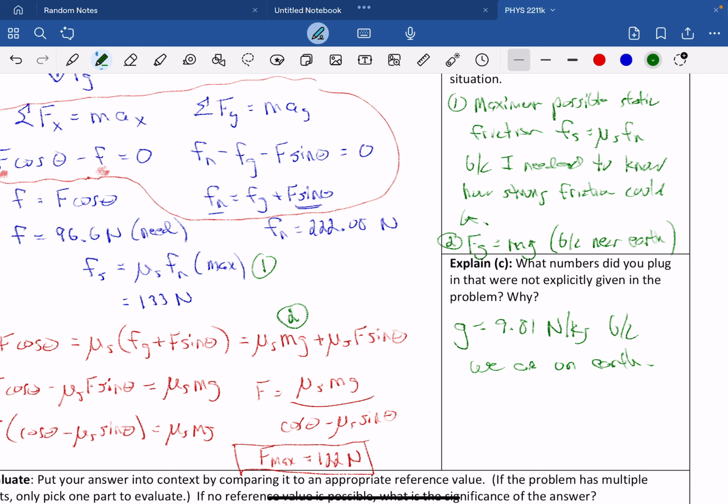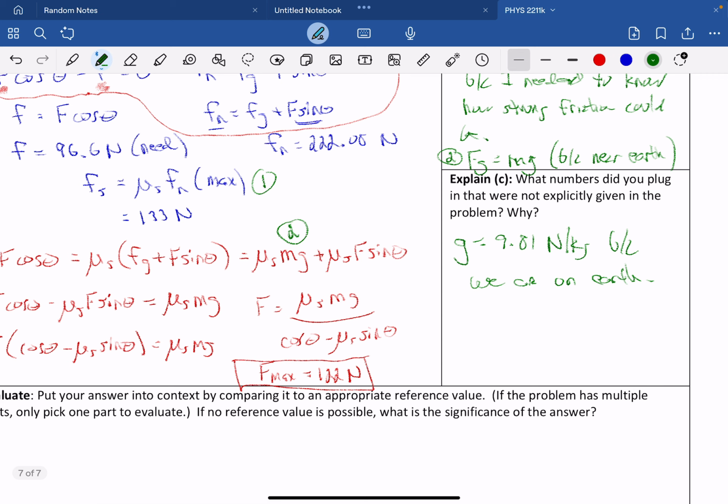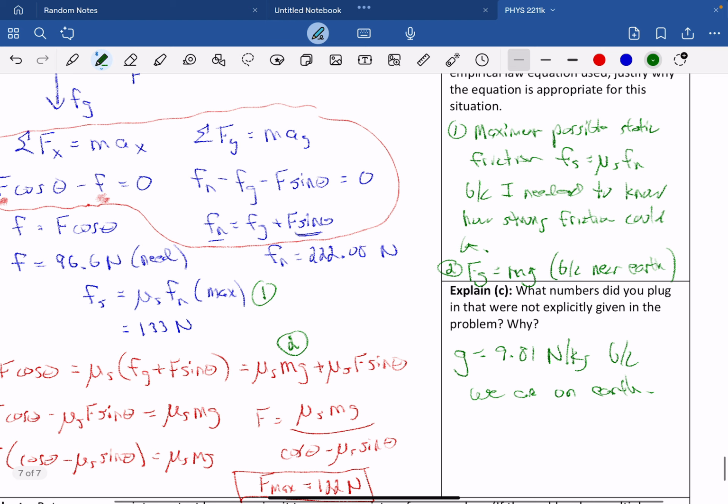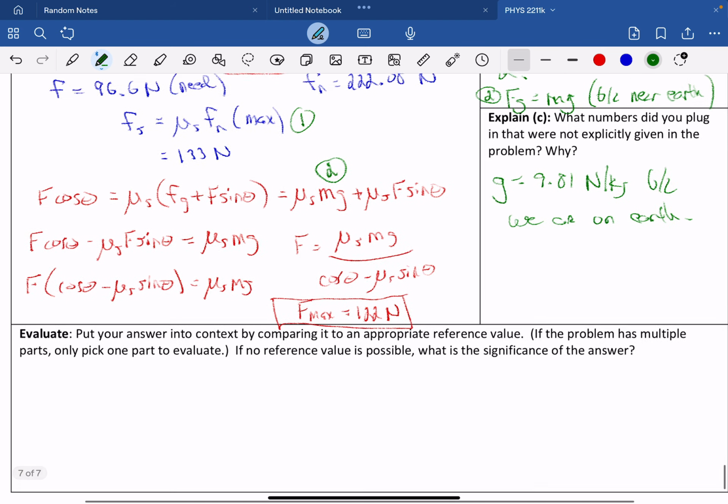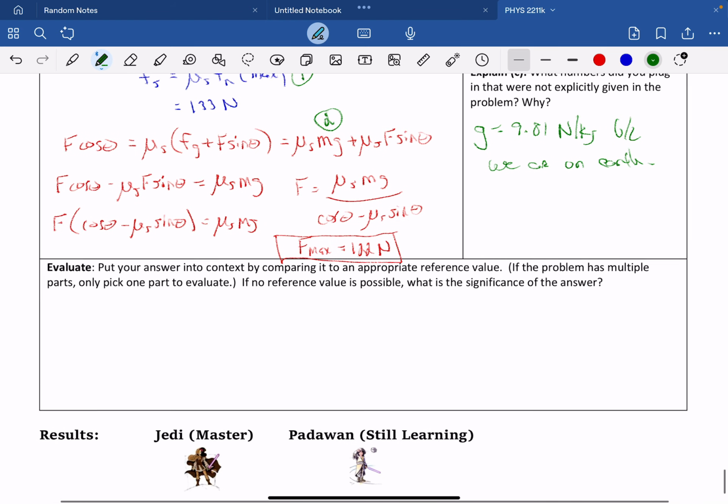Theta was given, coefficient of friction was given, mass was given, so nothing else was plugged in that wasn't explicitly given in the problem.